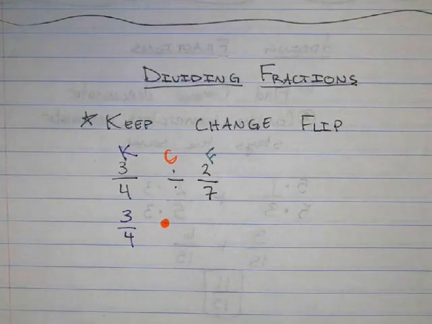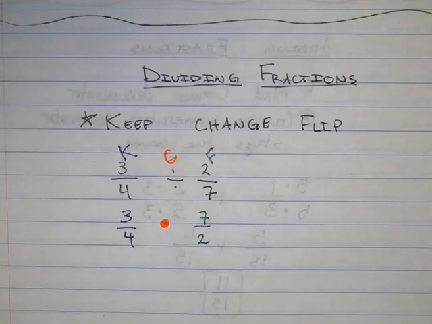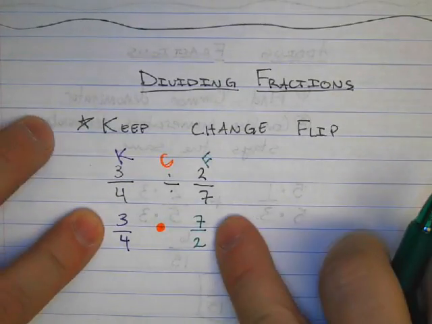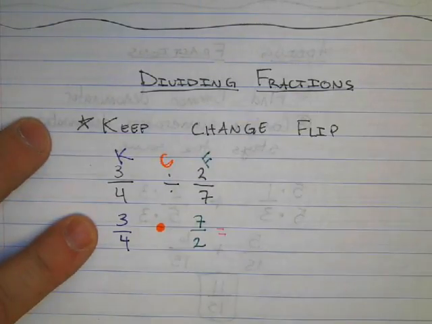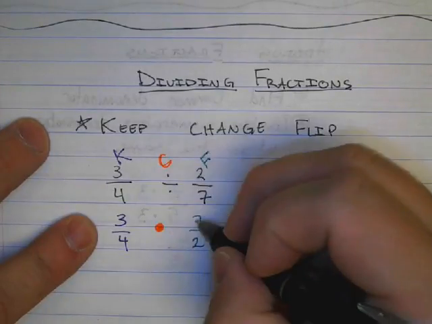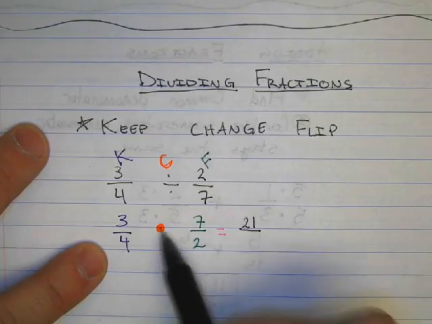And when I flip, 2/7 becomes 7/2. Now we're just going to multiply these fractions together. We multiply the numerators, 3 times 7 is 21. And we multiply the denominators, 4 times 2 is 8.